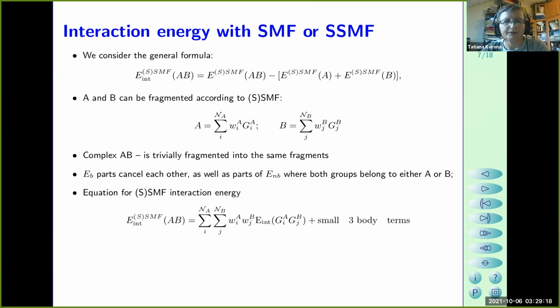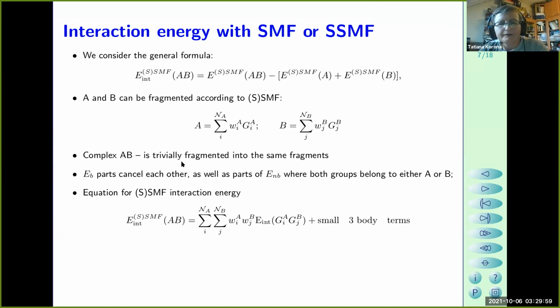And then let me introduce how we calculate the interaction energy. We just consider this general formula, but our energies are SMF energies. Molecules A and B can be fragmented according to this systematic molecular fragmentation algorithm into a set of fragments with appropriate weights, and a complex AB is trivially fragmented into the same fragments.